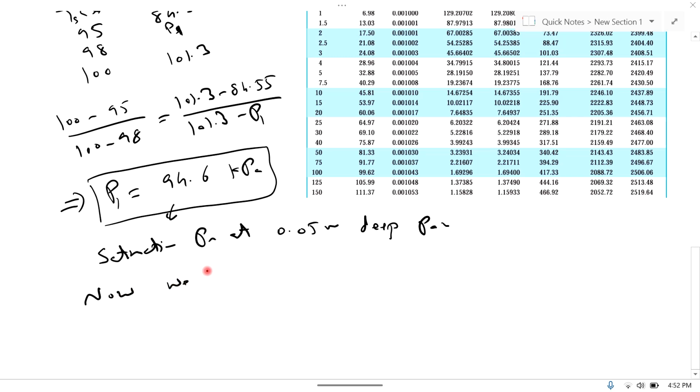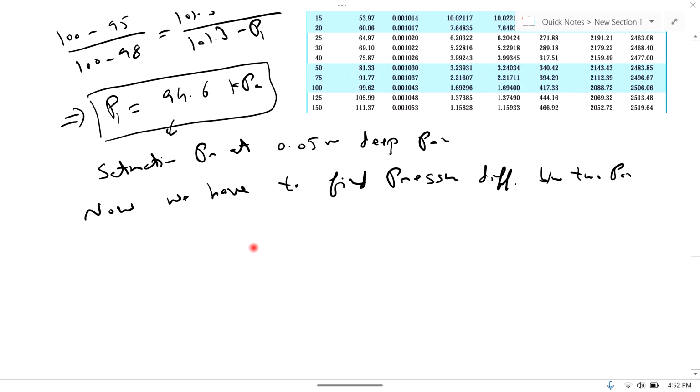Now we have to find the pressure difference between the two pans. One pan is 5 centimeter deep and the second is 40 centimeter deep. The formula for this is delta P is equal to rho g delta h, the change in height.